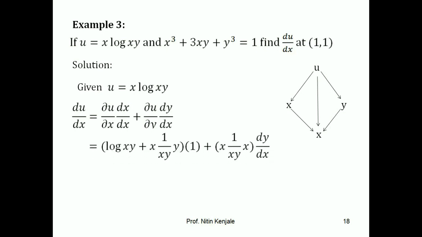Substituting values in this RHS part, more simplification will give us du/dx as log of xy plus 1 plus x by y into dy/dx. We label this as equation number 1.